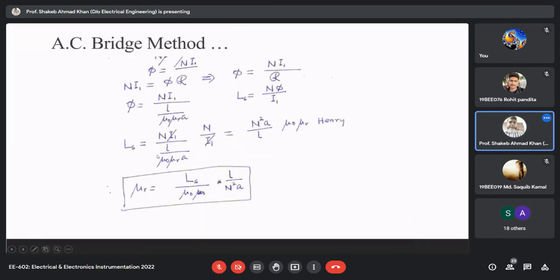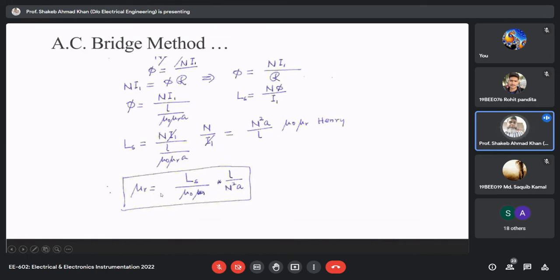From this equation, by rearranging the terms, relative permeability can be written as the sample inductance divided by the permeability of free space, the mean length of the magnetic circuit, that is the core circumference, and the square of the number of turns and the cross-sectional area.